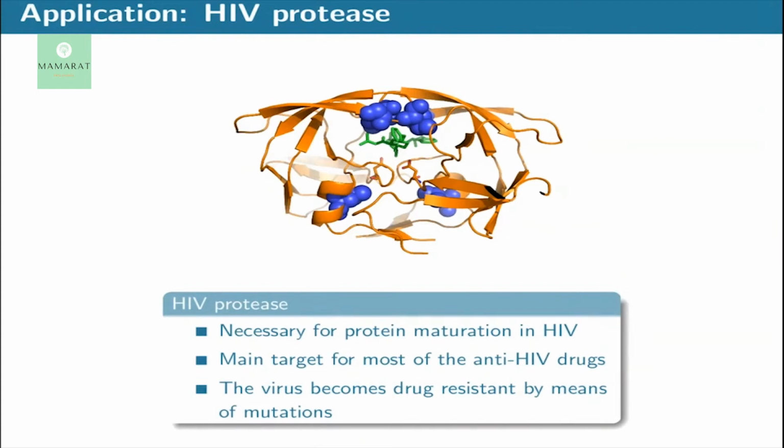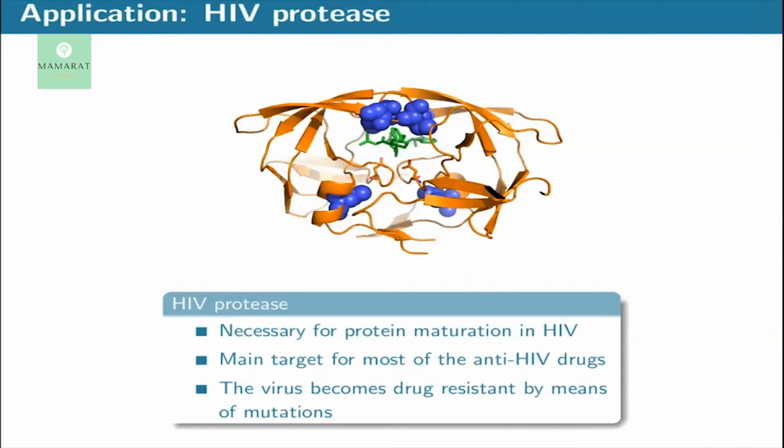Here is an example of this HIV protease. Protease itself is a protein which is necessary for HIV maturation, and it is one of the main targets for all of the anti-HIV drugs. The virus, however, once it evolves, it becomes resistant to the anti-HIV drugs by means of mutations.